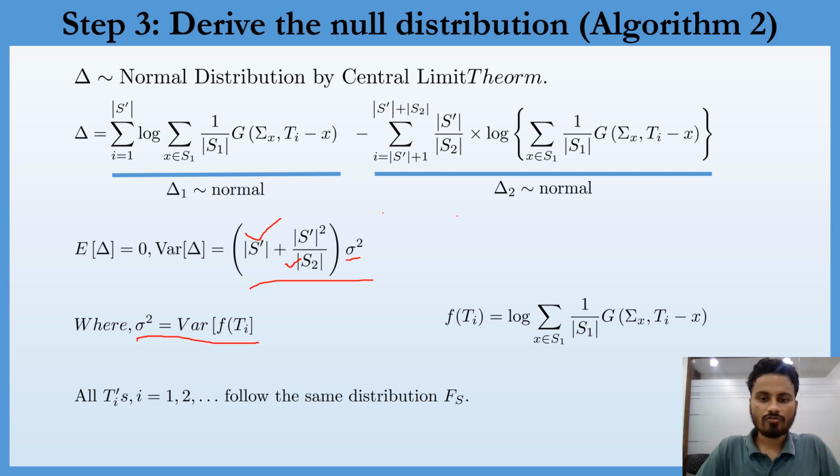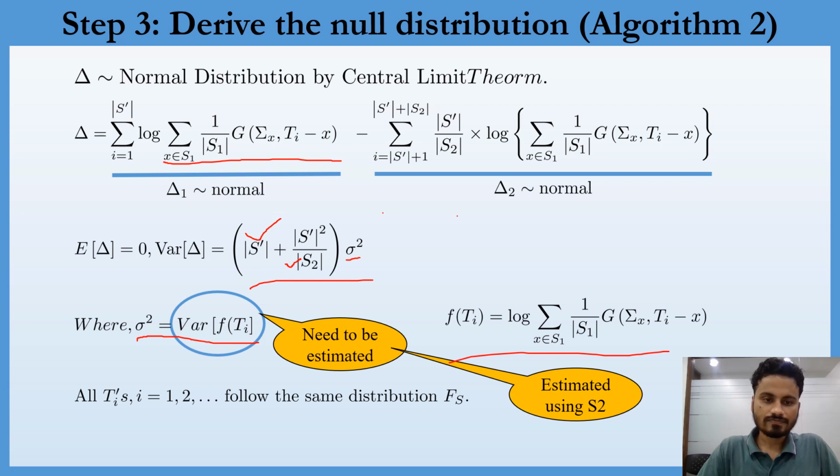F of ti is basically this term, which is part of our delta equation. So we are going to find this sigma square using the dataset S2. Thus, in the end, we have the mean of delta and the variance of delta. Thus, we can say that we know the distribution of the test statistic.